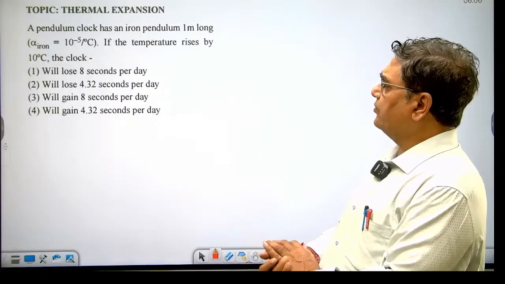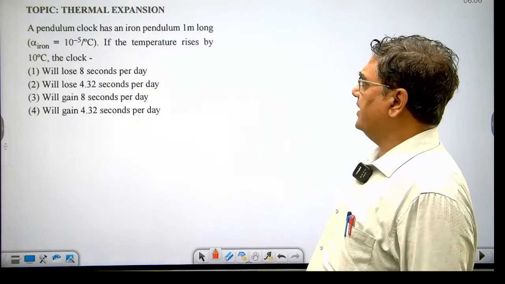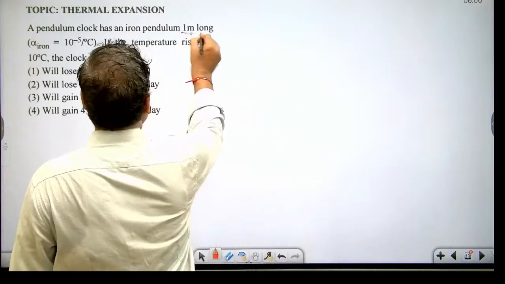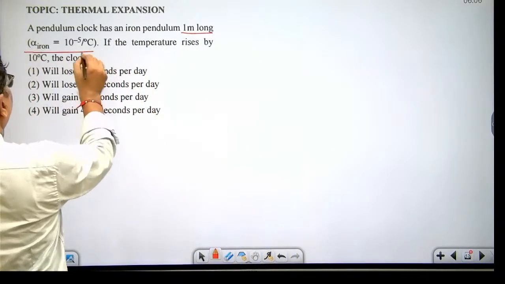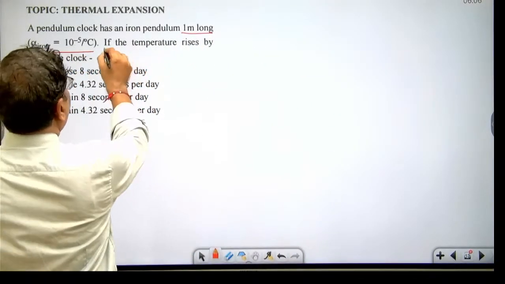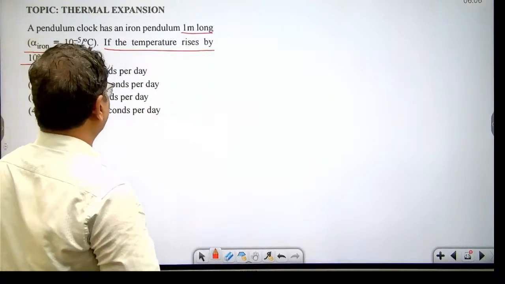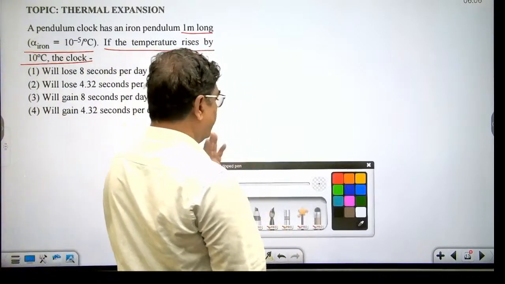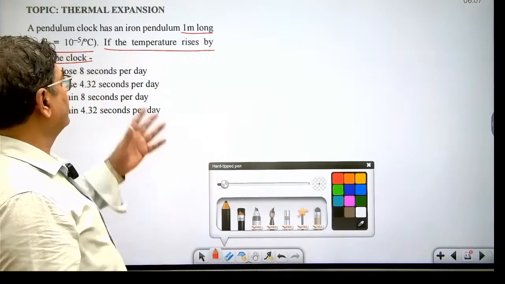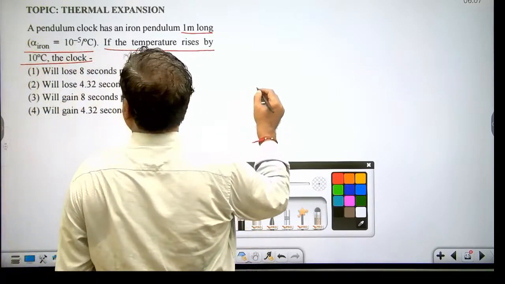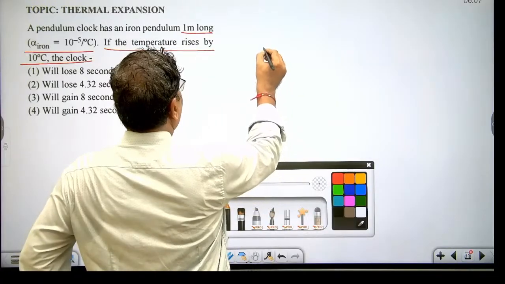This is a very good question for NEET or JEE 26. A pendulum clock has an iron pendulum 1 meter long. Alpha iron equals 10 power minus 5 per degree. If the temperature rises by 10 degrees centigrade, the clock will... Dear student, loss or gain of time does not depend on the time period, so no need to calculate the time period by 2 pi root L upon g. Simply, if the temperature increases, it will lose time.